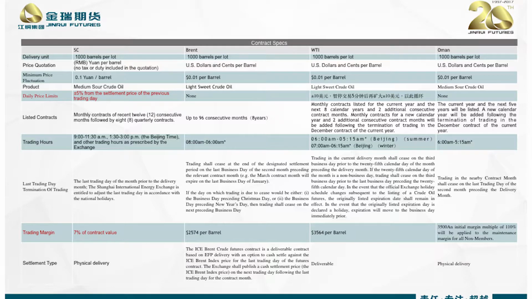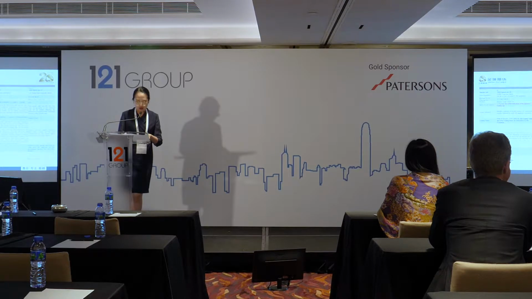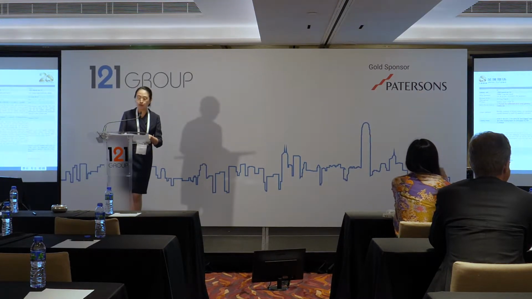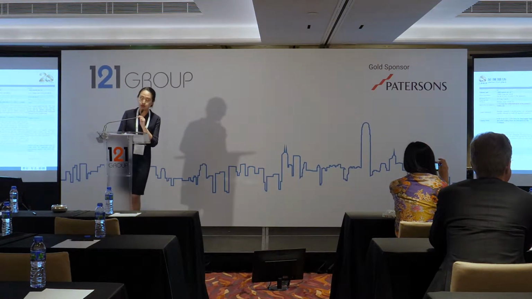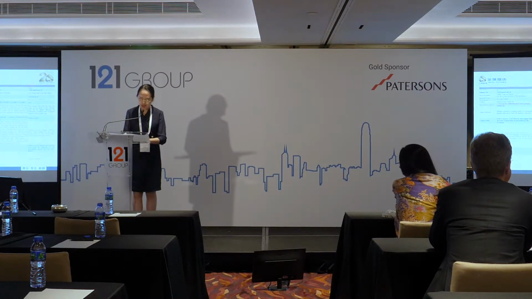So both overseas traders and brokerage firms are able to participate in this trading. By 20 April, the daily trading volume of the INE crude oil futures had attained 63,000 lots, exceeding the Oman crude oil futures in DME, so it has become the most active crude oil futures in Asia.